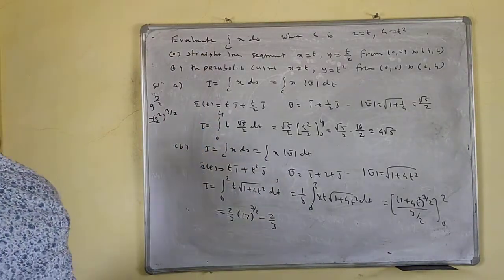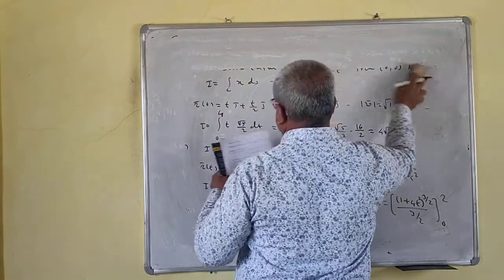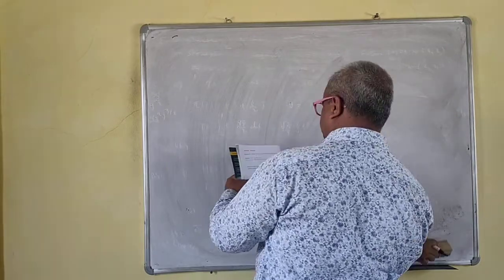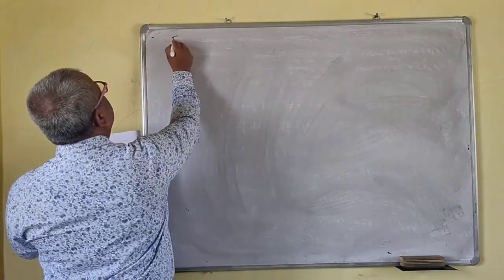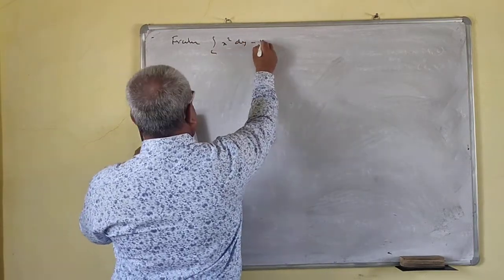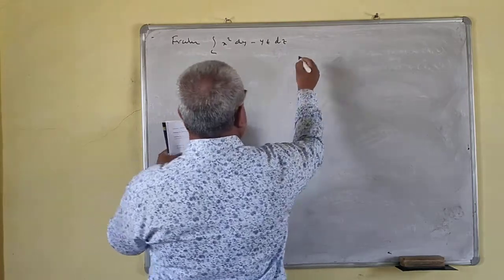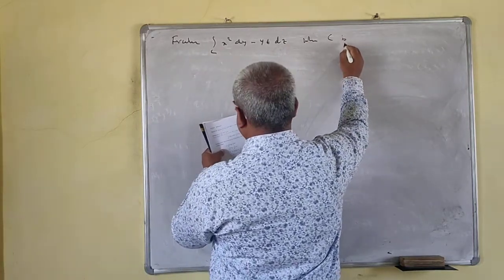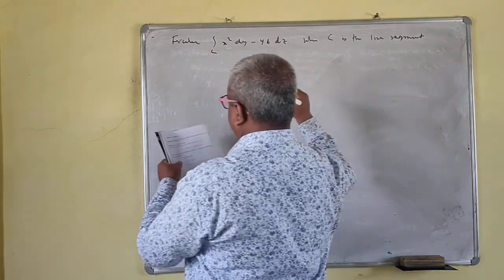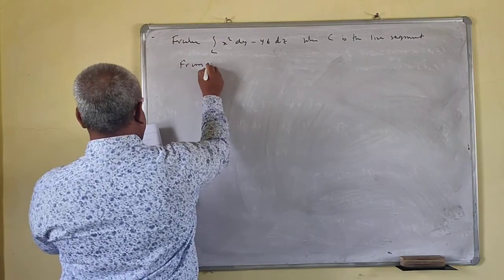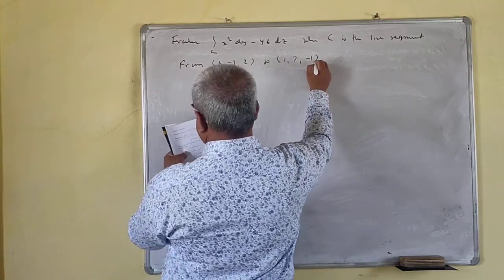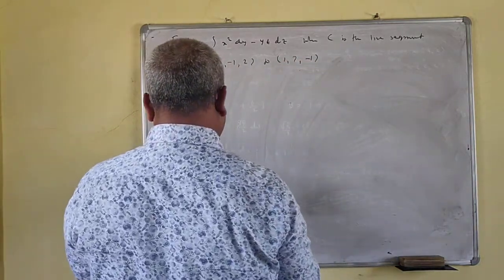Okay. So we'll do the next problem. Evaluate integral over c x square dy minus yz dz, where c is the line segment from 4 minus 1 2 to 1 7 minus 1.